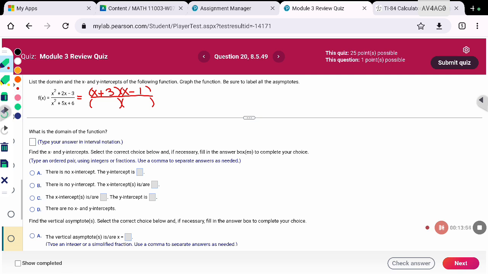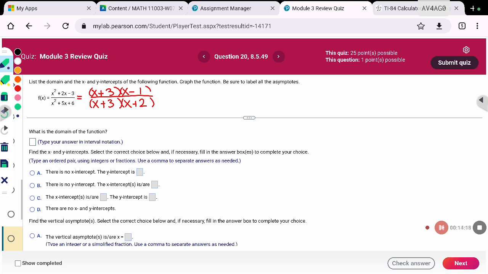In the denominator, I'll do the same thing. X and x to get x squared. Factors of 6, so I've got to multiply to equal 6 and add to equal 5 would be +3 and +2. Now I'm going to write the zeros of the function.